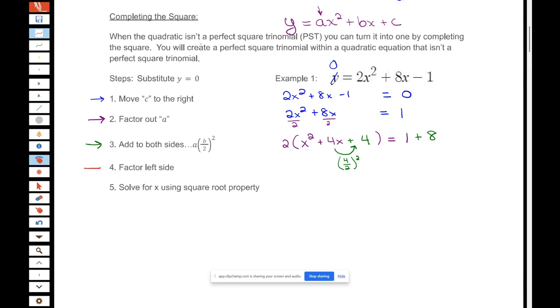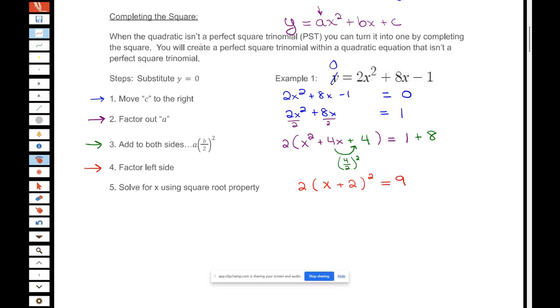Okay, next I'm going to factor the left side. It's really handy for you to write the b over 2 in parentheses before it is squared, because whatever this number in parentheses is, is what goes in the parentheses here. 4 over 2 is 2. So that x squared plus 4x plus 4 right here factors into x plus 2 times x plus 2.